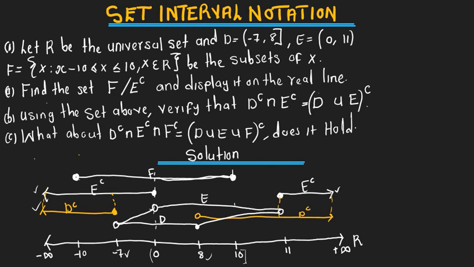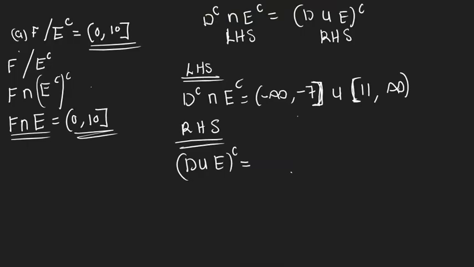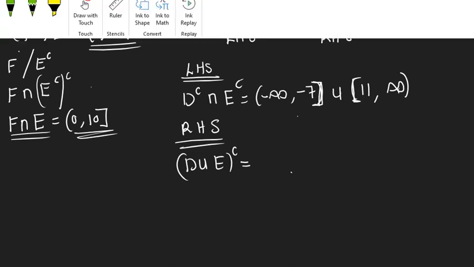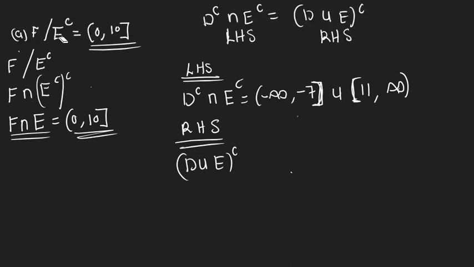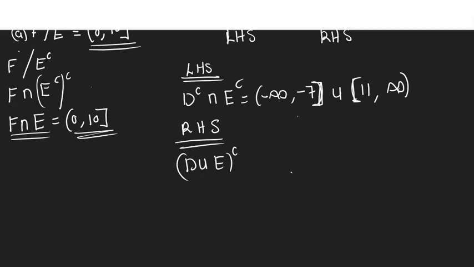This set here, we can name it as D union E. So first of all, work out what is in the brackets.